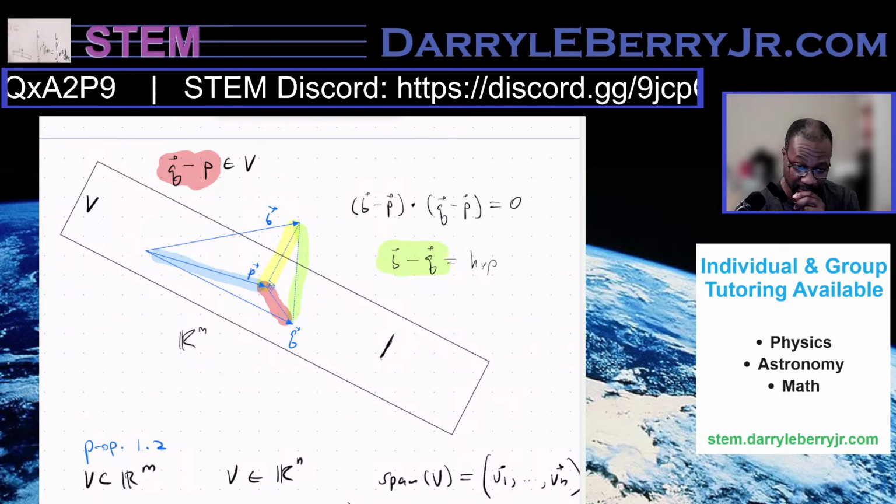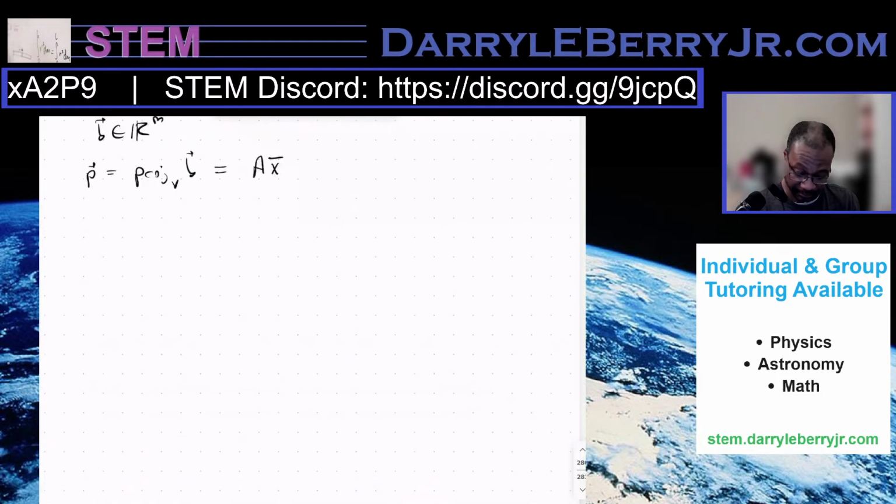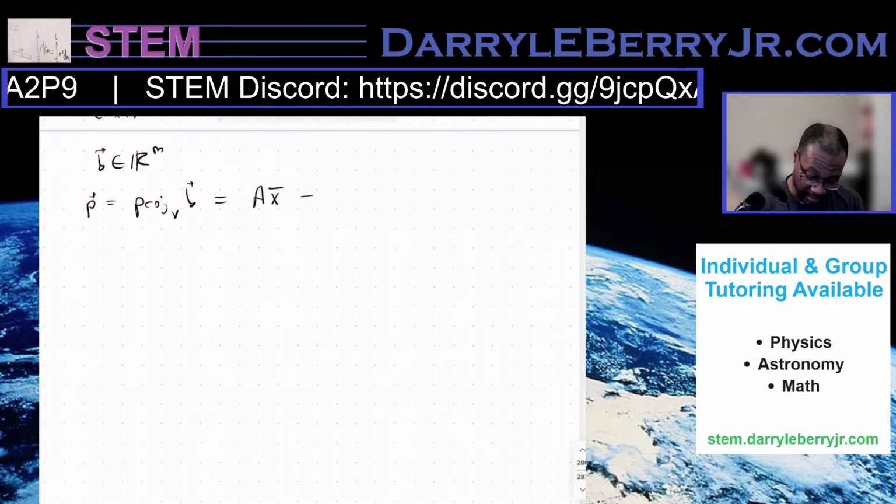I don't see how. Guess I'm still not getting the A x bar part, what that equals.